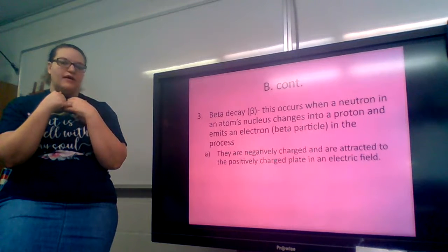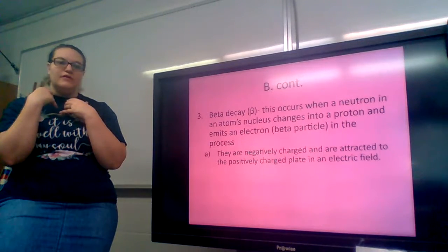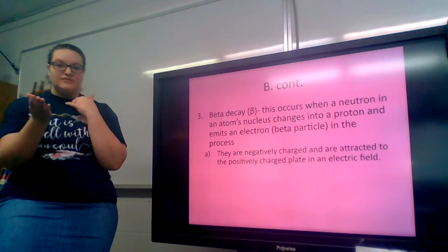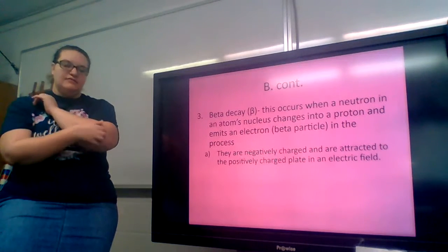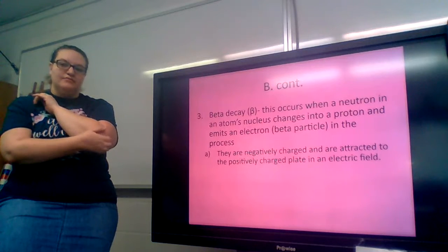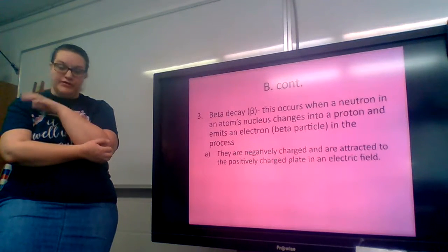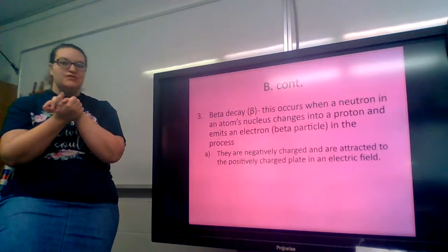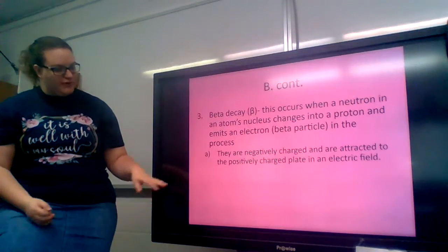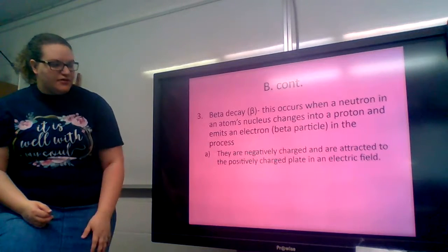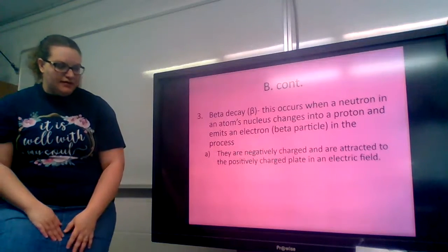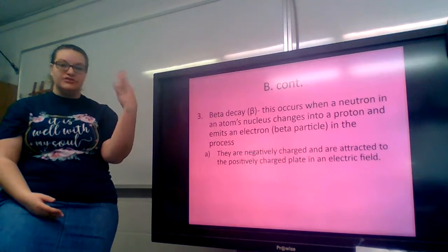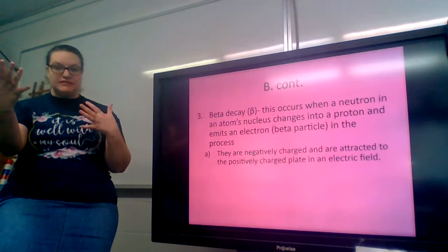If there are extra electrons hanging out, when that proton is converted, it kicks out the electron, allowing the substance, whatever you're working with, to reach stability. That electron that is kicked out is known as a beta particle. They are negatively charged and are attracted to the positively charged plate in an electric field. Remember, opposites attract.